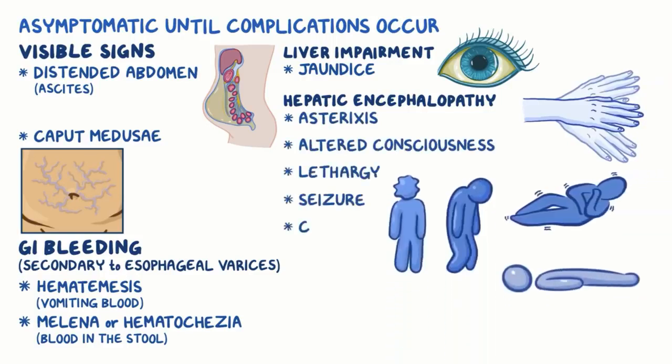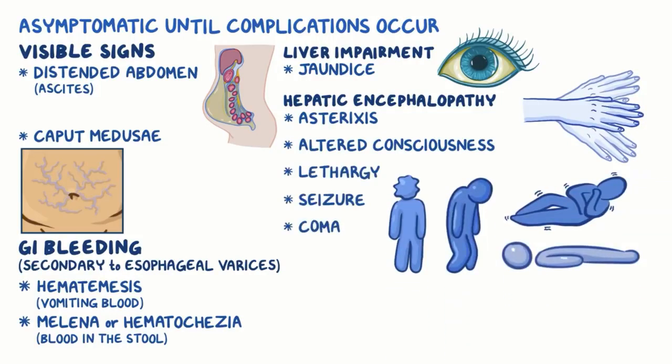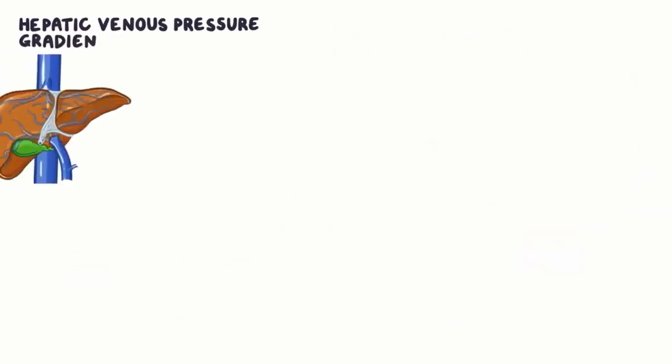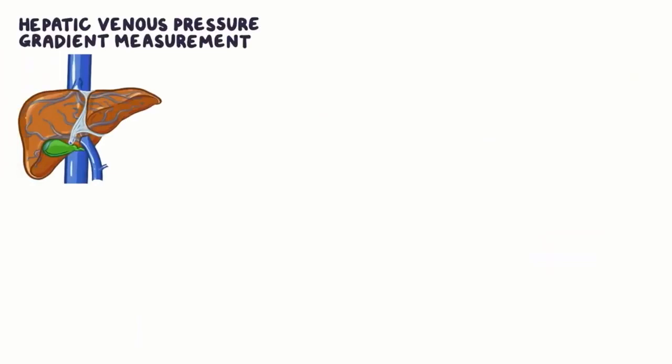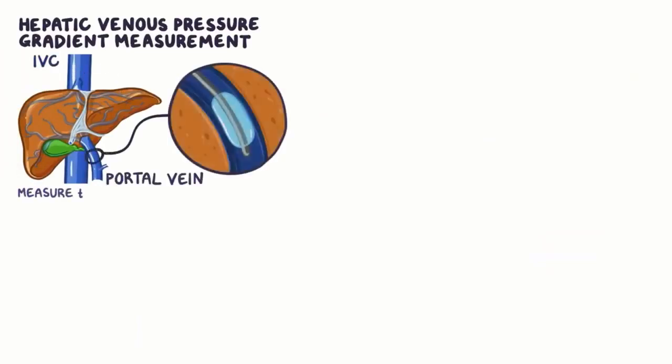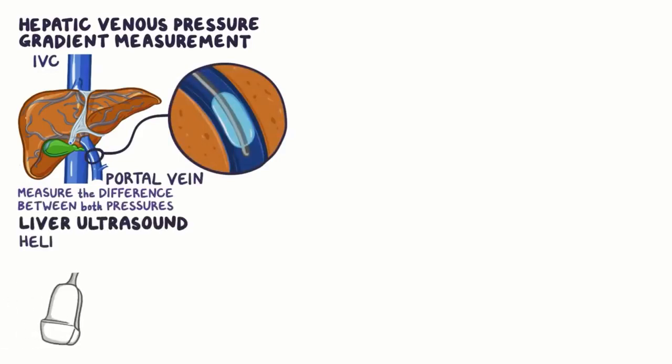The gold standard for determining if there is portal hypertension is obtaining a hepatic venous pressure gradient measurement, where a catheter is inserted inside the inferior vena cava and then inside the portal vein to measure the difference between both pressures. A liver ultrasound might be useful to detect nodules in case of cirrhosis.